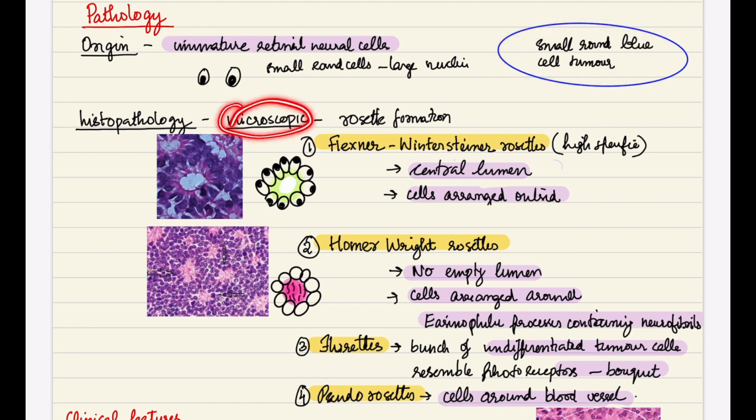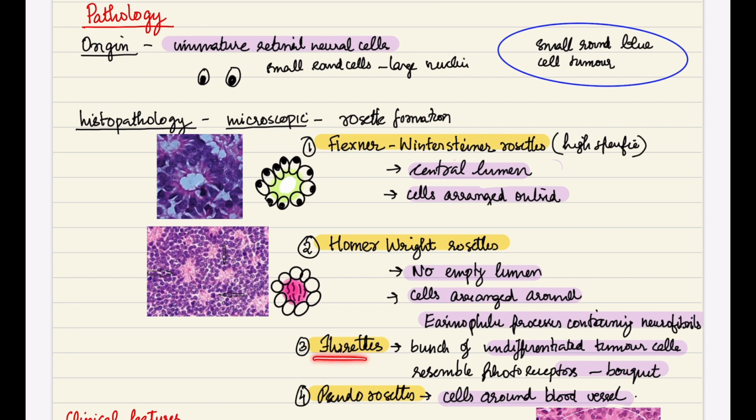Under the microscope, we can see rosette formation, in which the Flexner-Wintersteiner rosette is highly specific for retinoblastoma, in which they have a central lumen with cells arranged outside. Then comes the Homer-Wright rosette. Here there is no empty lumen. Here cells are arranged around eosinophilic processes containing neurofibrils.